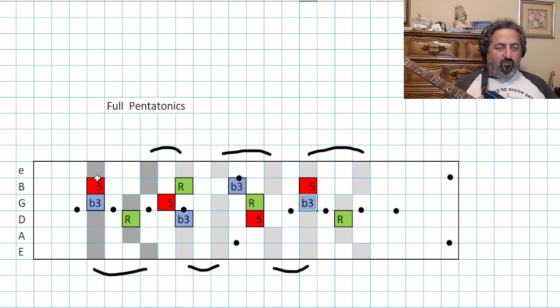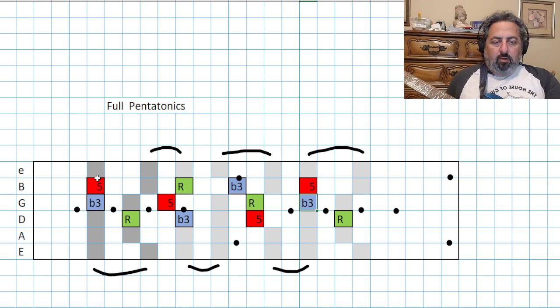Now that finished kind of sound is because I'm on a red, I'm on a 5. Gray and resolve to green. Okay, so you can see how many miles you can get out of your soloing with just this understanding.